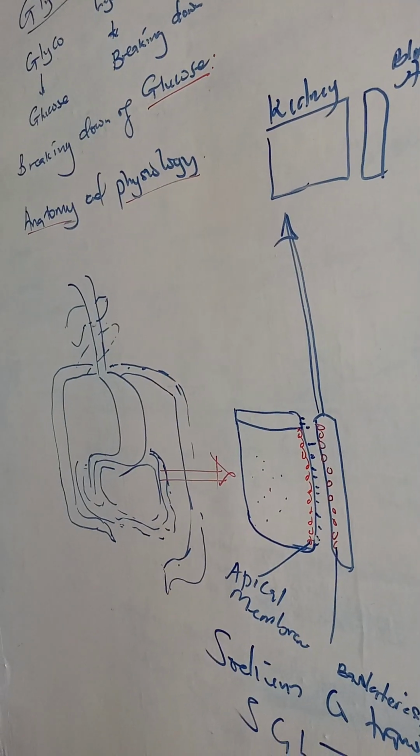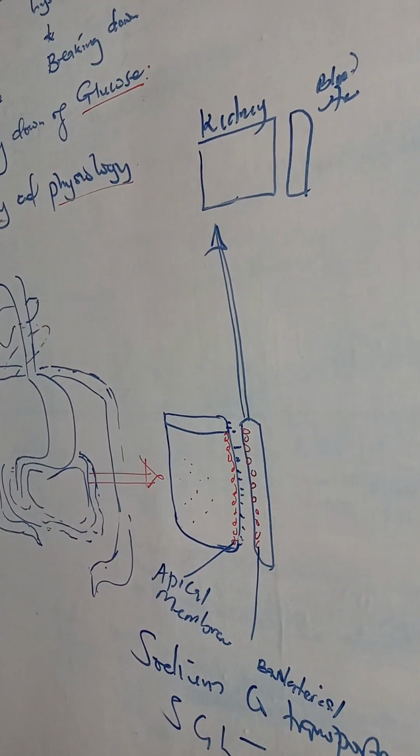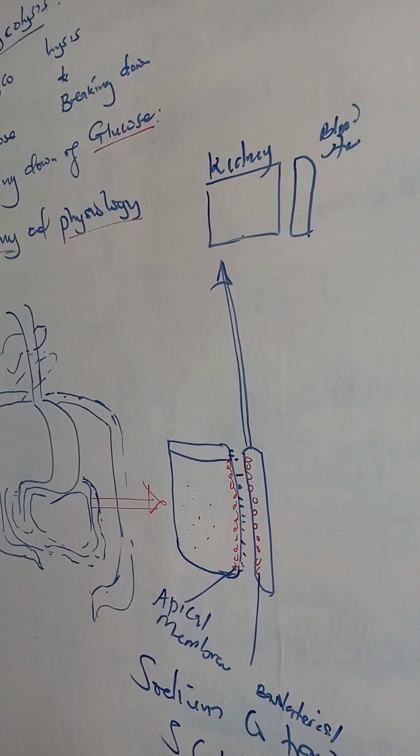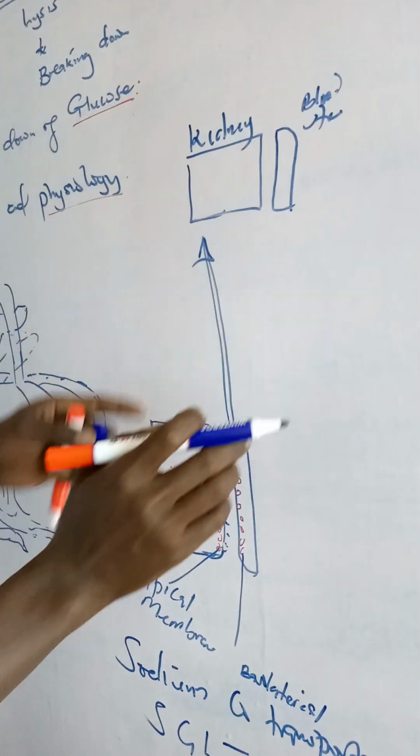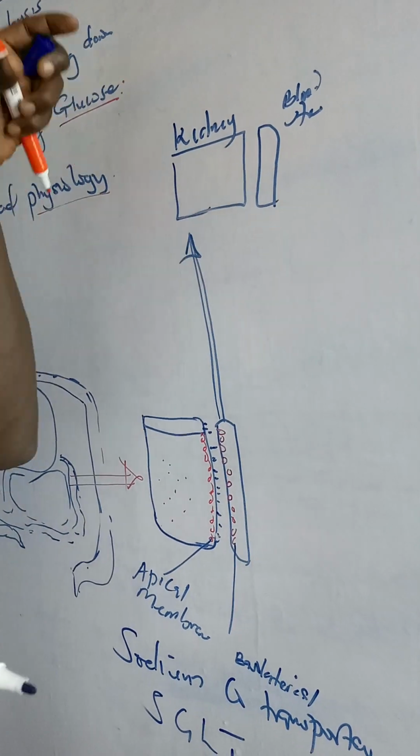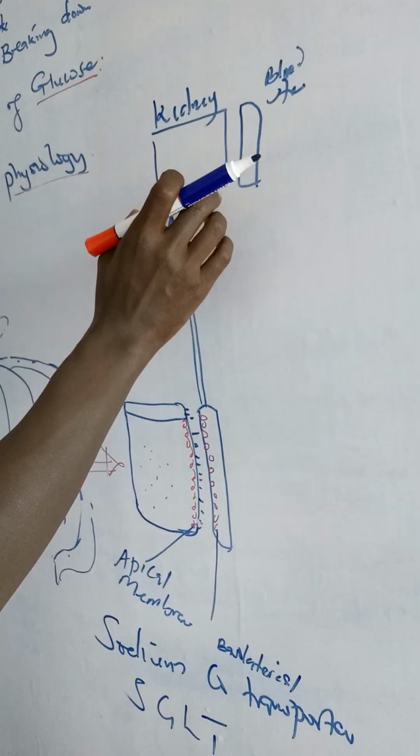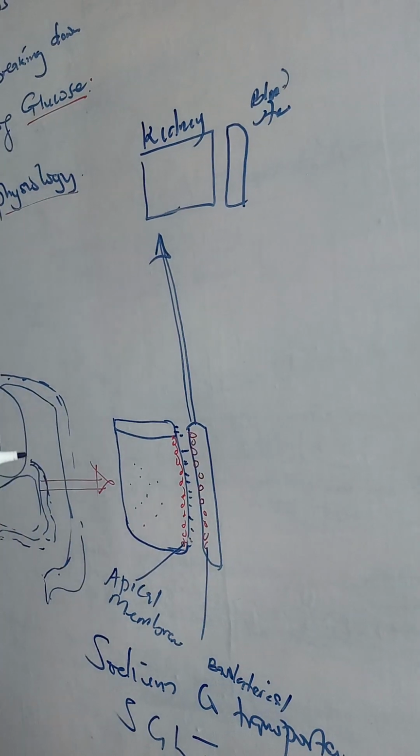Now, in the kidney, the glucose will be filtered and then reabsorbed back into the blood.